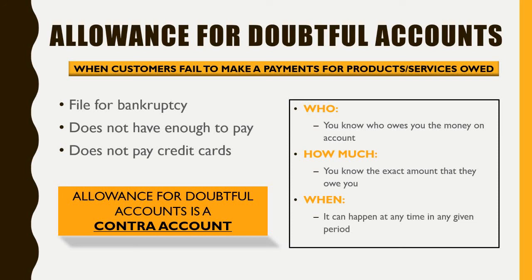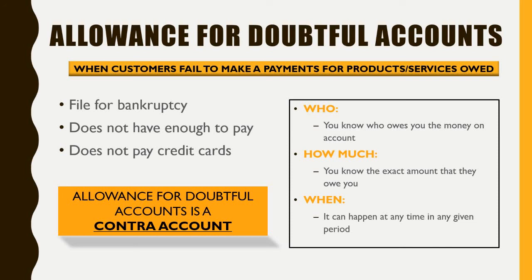But in this case, the general account that I'm going to be using for this class is the allowance for doubtful accounts, because we know exactly who, we know exactly how much, and we know exactly when it happened. So this account is going to be used during the given period when we allow our customers to owe us money and they decide to default on our payment. This is how we keep track of our customers, and if they don't pay us back, then we have to go and harass them.